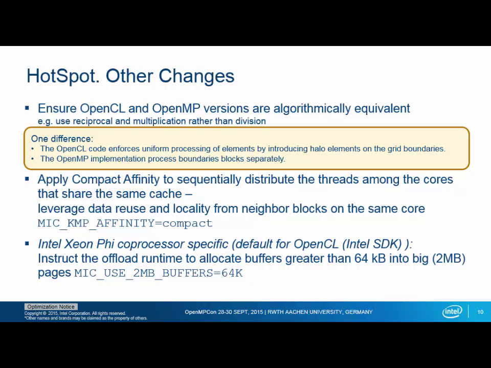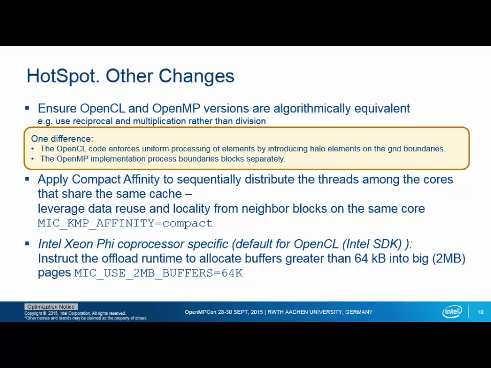And lastly, this is the answer to your question about boundary processing. There is still one difference in implementation between OpenMP and OpenCL: how boundaries are processed. In OpenMP, we just moved boundary processing to a separate loop.